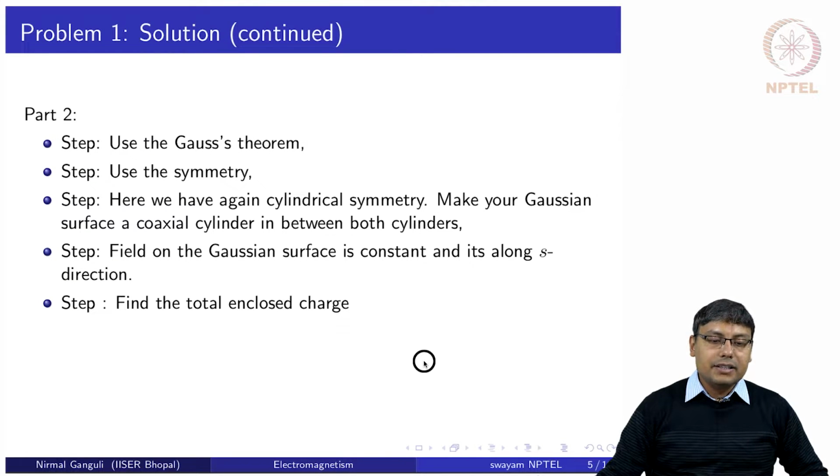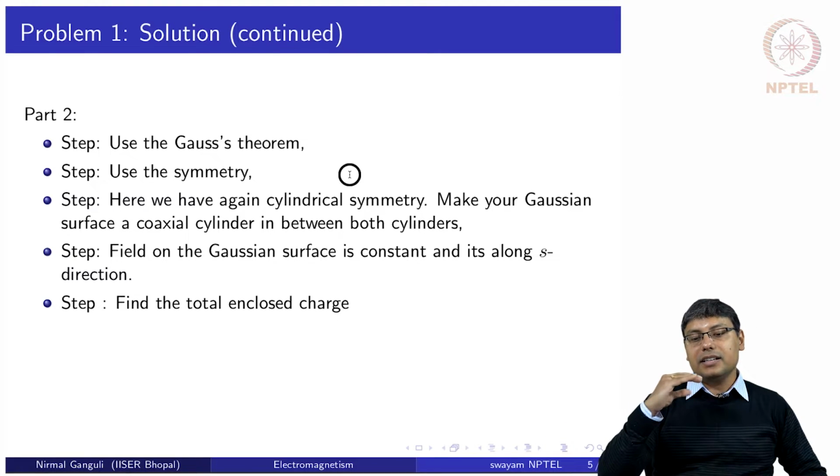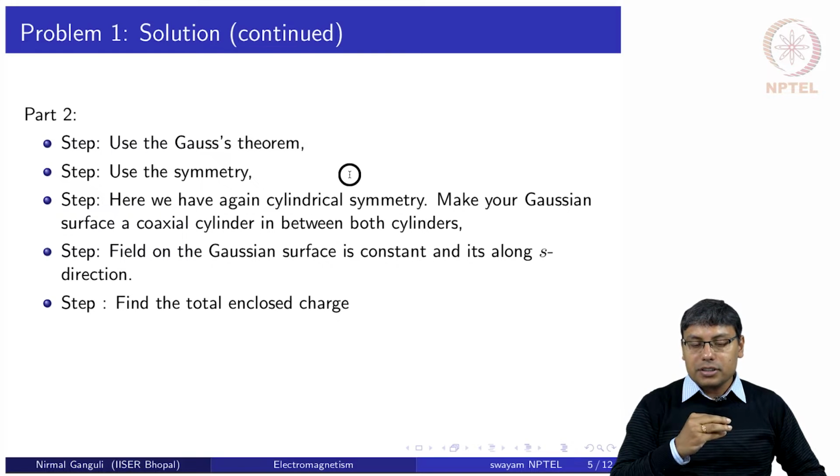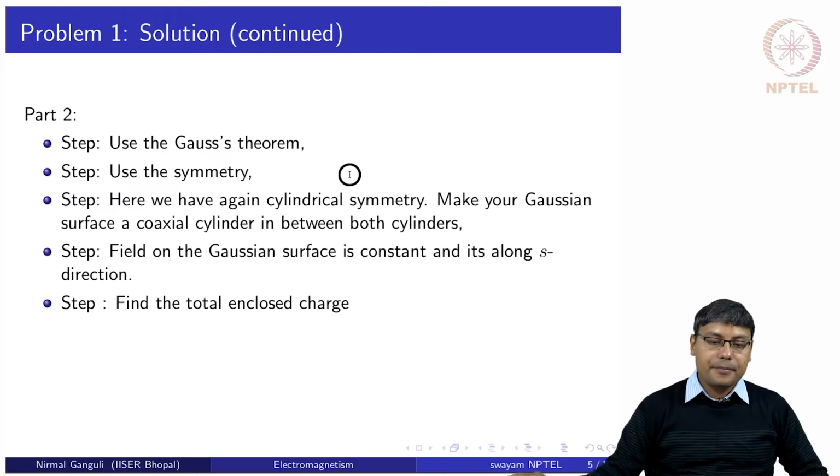And in the second part, we are supposed to find the electric field in between the cylinders. There we have to consider again Gauss's theorem, we have to consider the symmetry, and we need again a cylindrical Gaussian surface, and this time this Gaussian surface will enclose the smaller cylinder, but it won't enclose the larger cylinder.